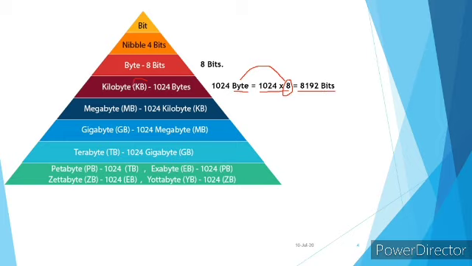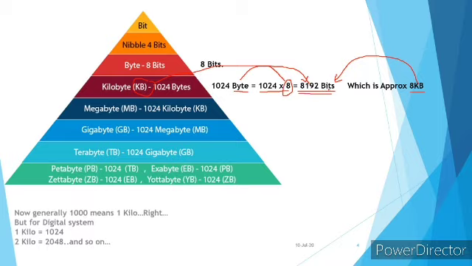So 1 KB of data means these many bits are there, 8192 bits, which is approximately 8 K. Simply 1k into 8 is 8k, right? But in a digital system, 8 K corresponds to 8192 bits. Sorry, it's bits.